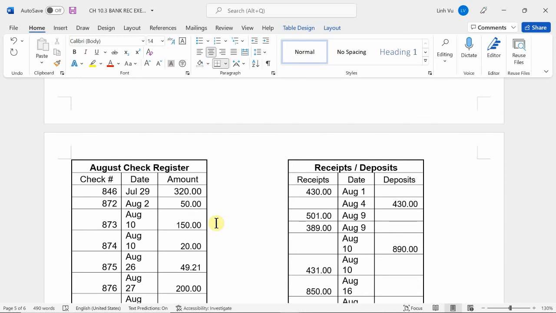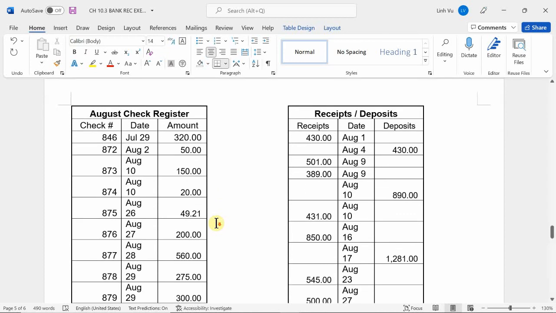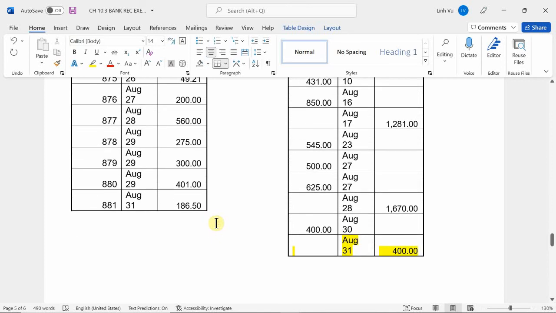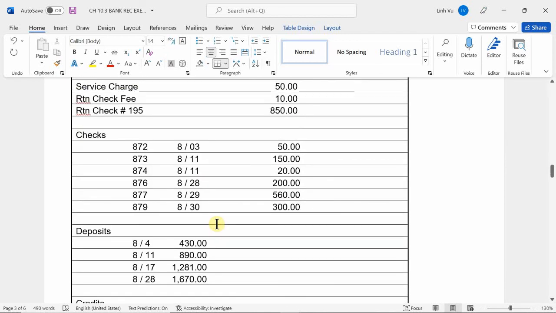Do we need to look at the amount or the check number? You can look at the check number, it's an easier way to look at it. Okay. We have from 46 to 70, 72, 73, 74, 75, 76, 77, 78, 79, and 80, 81. Okay, so now we have 872. We need 846, and we need 873, 874.